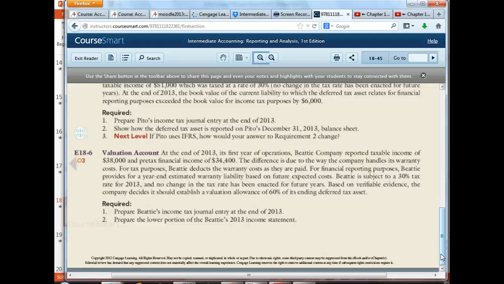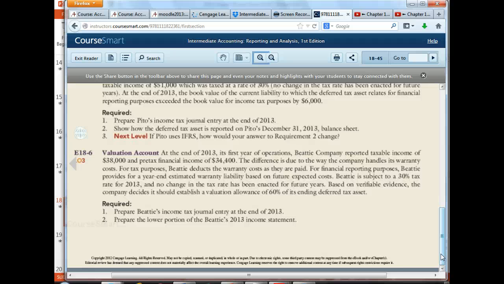What we're showing on our books is lower than what we're actually showing for taxable purposes, right? We're paying more now. The difference is due to the way the company handles its warranty costs. For tax purposes, Beatty deducts the warranty costs as they're paid. But for financial reporting purposes, Beatty provides for a year-end estimated warranty liability based on future expected costs.